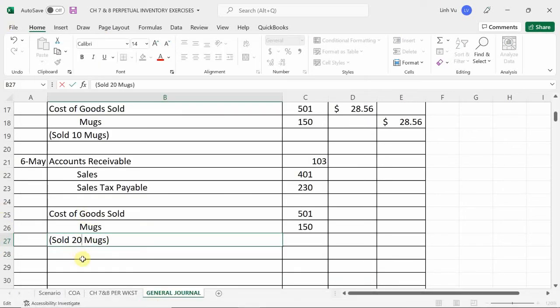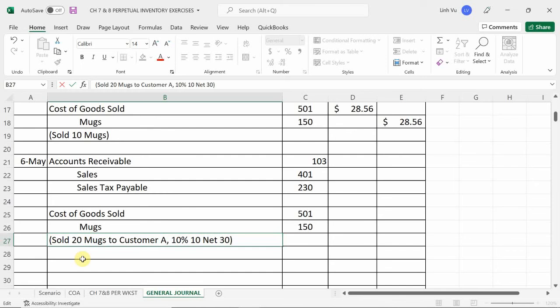I'm going to go ahead and put in customer A, and I gave them a 10% discount if they pay within 10 days. If not, the bill is due in 30.